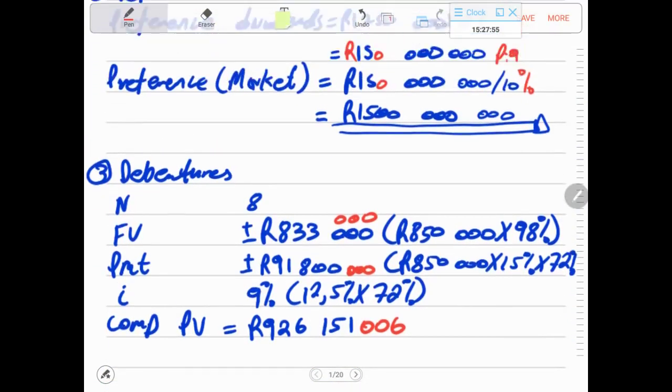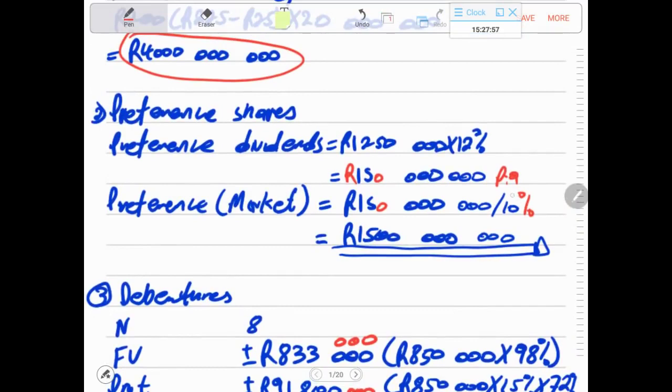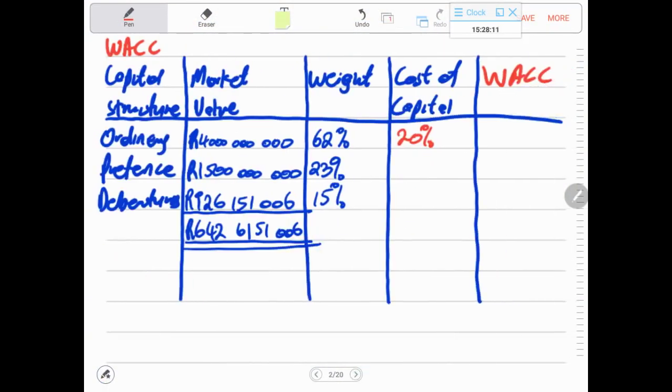For our preference, it was 10%. Remember, preference do not attract tax in terms of 28%, only attract tax which is at 20% for their dividends. But that is not applied in this case. We just keep that rate as is, as 10% in terms of preference.